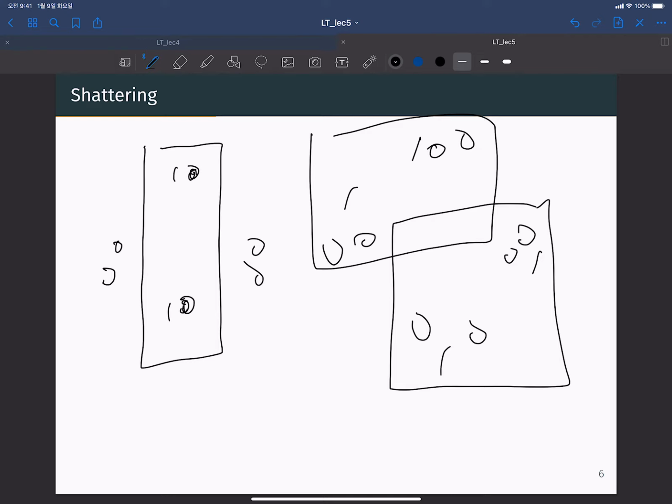So in the rectangle hypothesis, all points inside the rectangle have value 1 and outside the rectangle have value 0. That kind of hypothesis set can shatter 4 points, at least for this case. Then we can say the VC dimension of this rectangle hypothesis is at least 4. It is okay if there are some cases of 4 points that we cannot shatter.